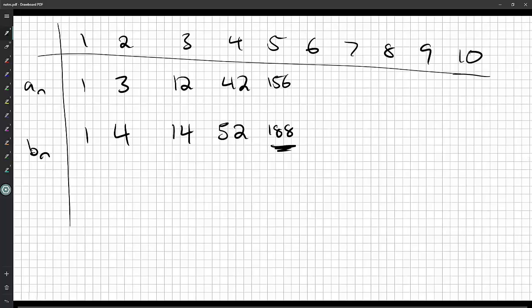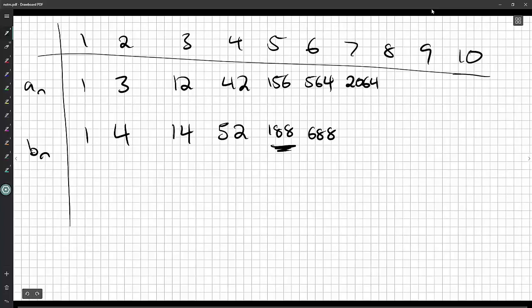So we take the 188, multiply that by 3, and we get 564, 156, and 188. Add up the 2 previous ones and double it. We get 688. Multiply that by 3, and we'll get 2064.